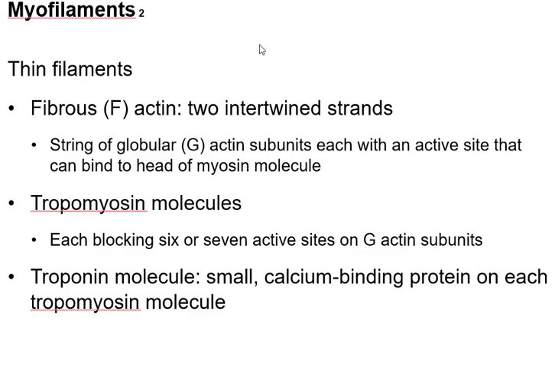So your myofilaments are actin and myosin. And then you have tropomyosin, which wraps up and covers the active sites on the actin. And then you have the troponin, which looks a lot like tropomyosin, so don't get them confused. And it's this small calcium binding protein on each of the tropomyosin molecules.